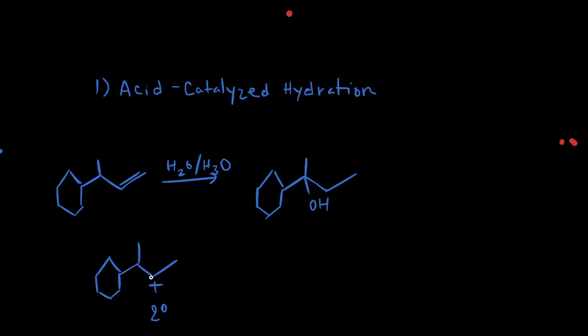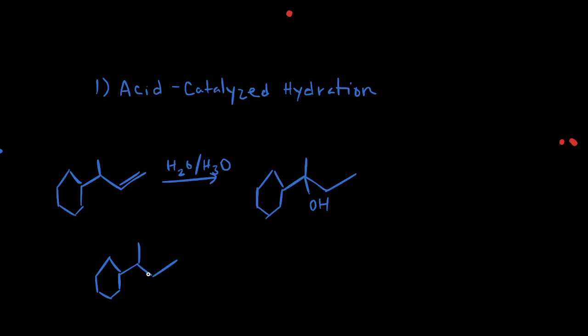The carbon to the right of the secondary carbon is primary, and the one to the left is tertiary. So this carbon, if it were to form the carbocation, would be much more stable and favorable than the formation of a secondary carbocation.